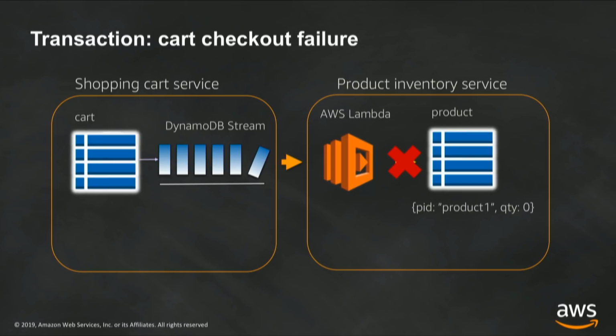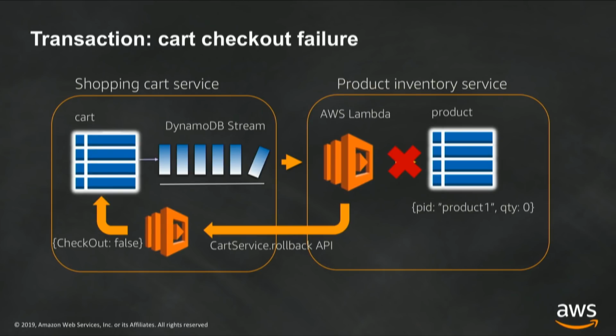Because should there be a failure to check out or to find sufficient inventory for our transaction, I need to invoke the rollback mechanism on my checkout table and cancel the distributed transaction, if you will. So all that means is that I need to change the state of my cart back to before checkout. Maybe there is a failure message that I need to somehow display to the customer as well.